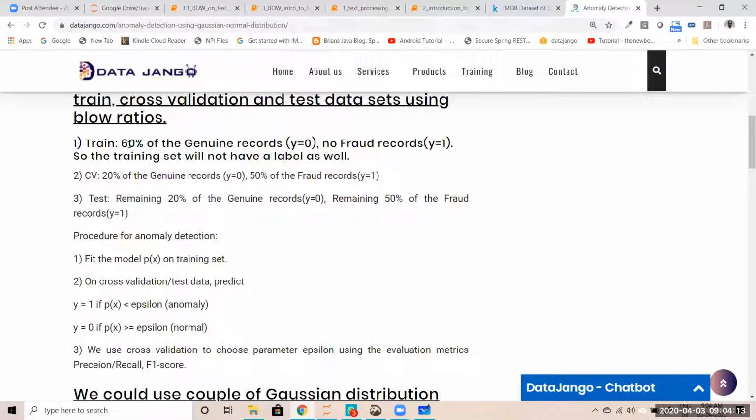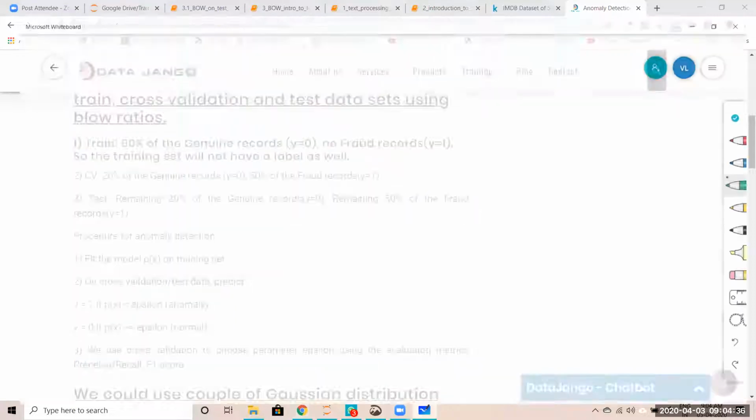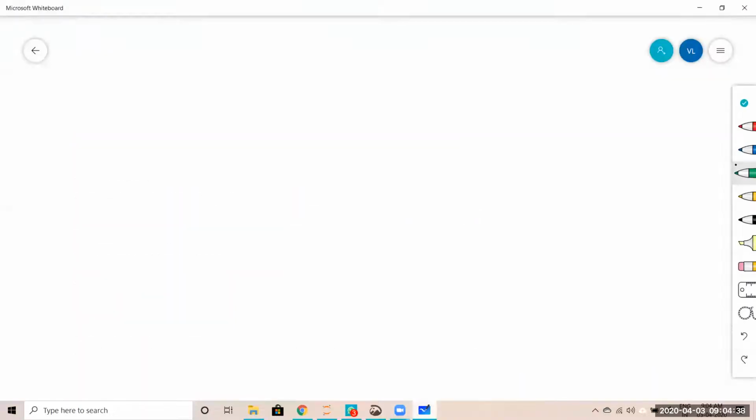So we have 2,84,307 records: 60% train, 20% cross validation, 20% test. 100% are covered. The rest of the 241 records are mixed with the test set. That's how we prepared it. Let me draw this and keep that aside. So we have a big data set.